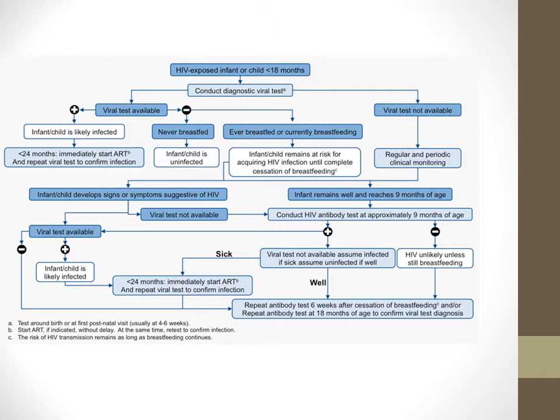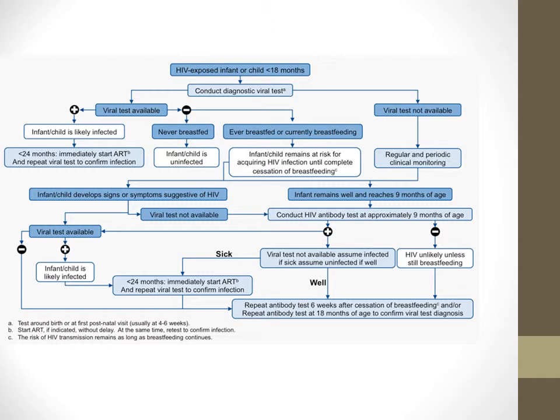The next slide tells us how to test infants who are exposed to HIV and who are less than 12 months. Our decision will be based on availability, whether you have a viral test available or not. If you don't have a viral test available, a lot will depend on regular and periodic clinical monitoring, and it's advised that children be tested when they reach 9 months of age.